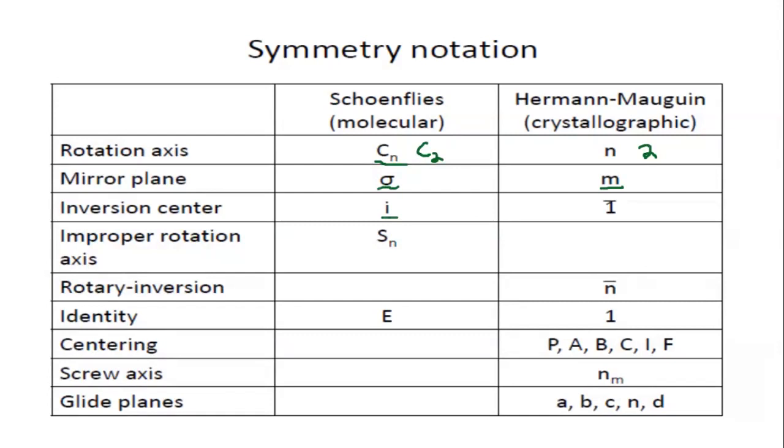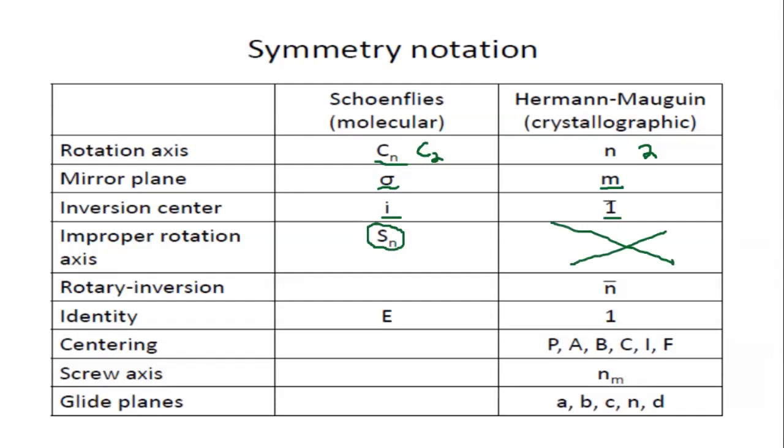Inversion center, point symmetry, we use i. For Hermann-Mauguin, we use what's called 1 bar, or a line on top of the 1. Improper rotation, we don't have really a symmetry for improper rotation. That's only unique for point symmetry, so there's none for crystallographic.